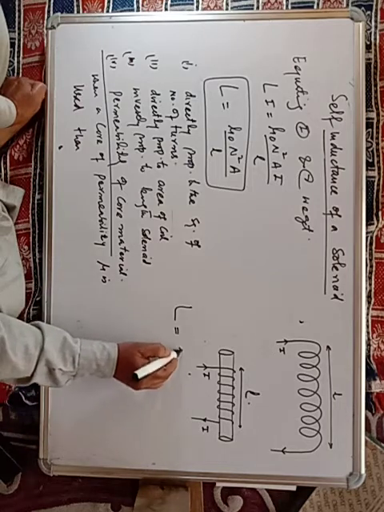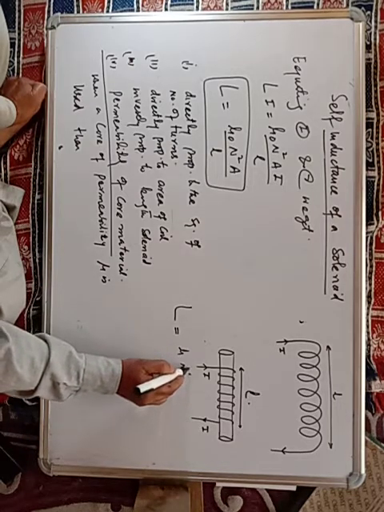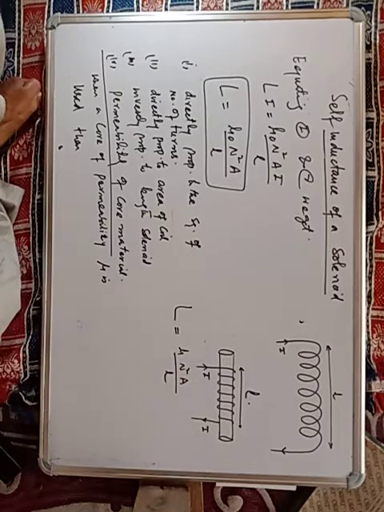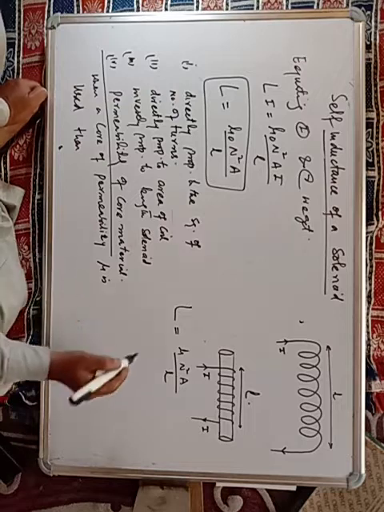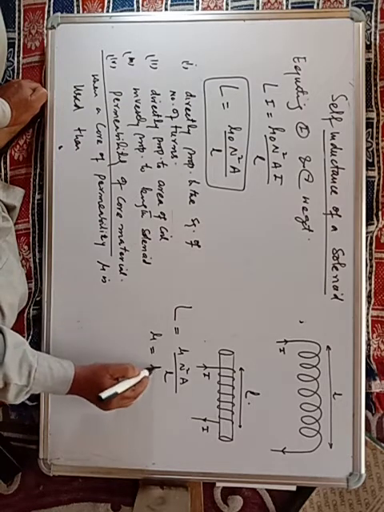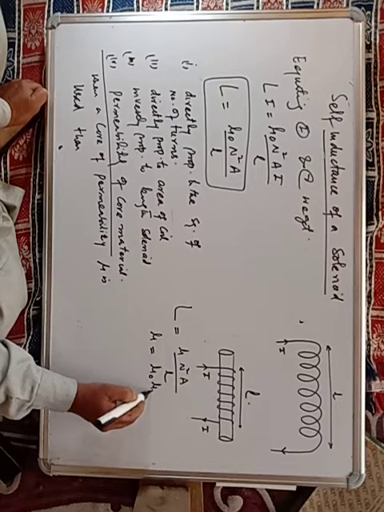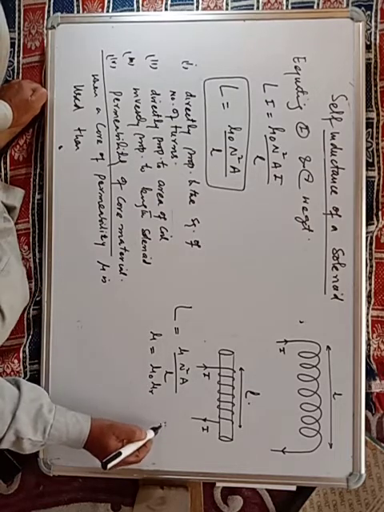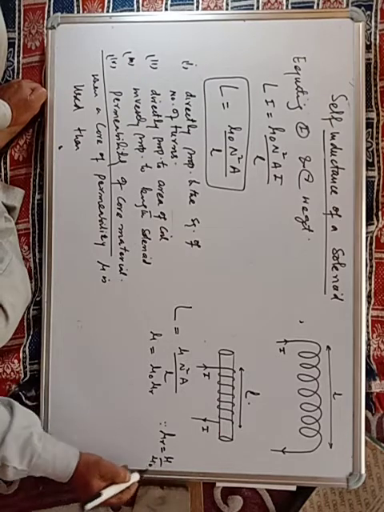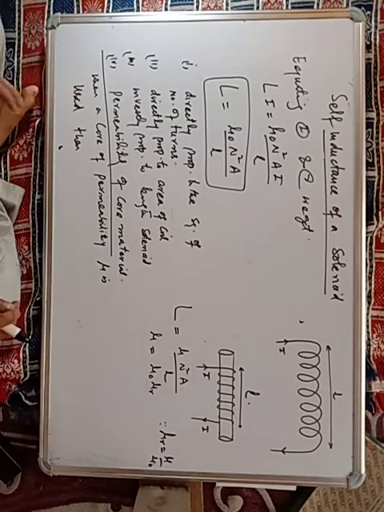Here it will be mu n square a divided by L. But we know mu is equal to mu naught mu r, because mu r is equal to mu divided by mu naught, the relative permeability.